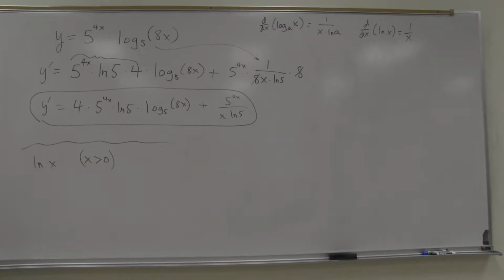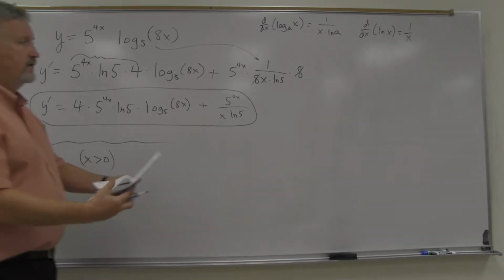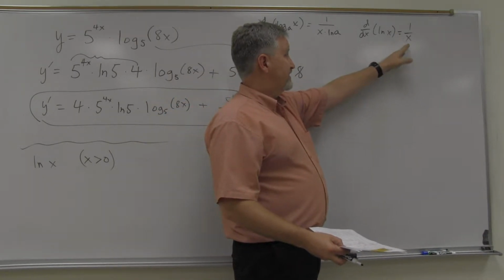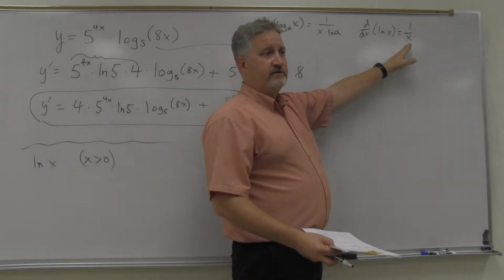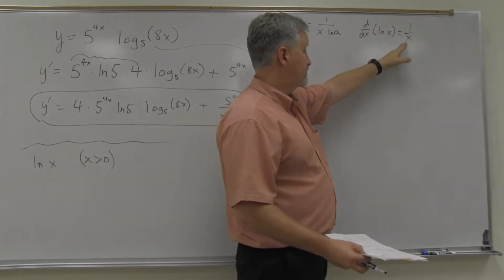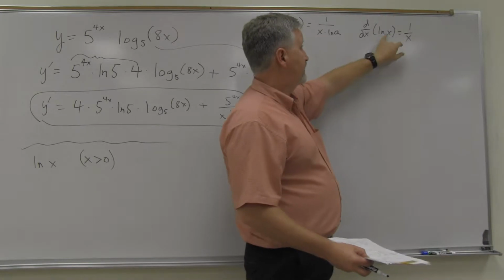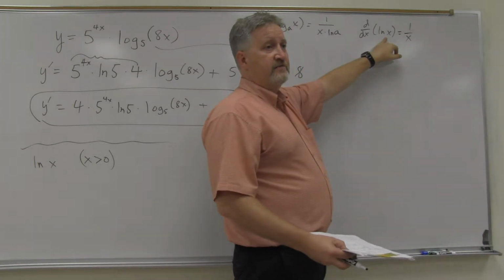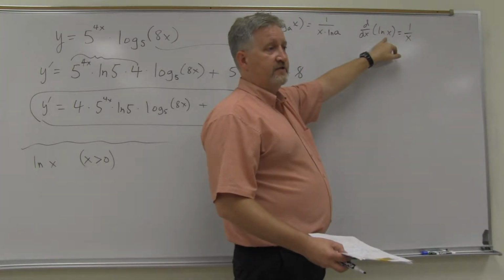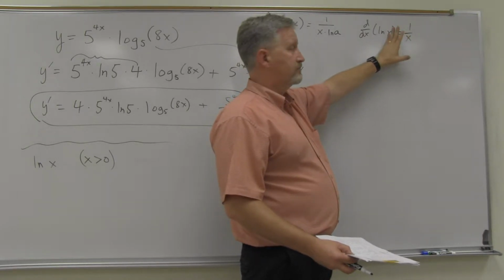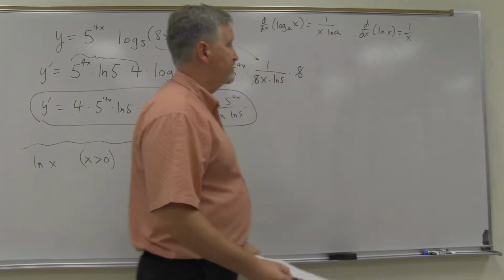And so when you're doing your derivative here, it's not really stated, but we should state it, because when I'm saying 1 over x there, it's an x that comes from this function, and so the x has to be greater than 0. This wouldn't work for negative values of x.